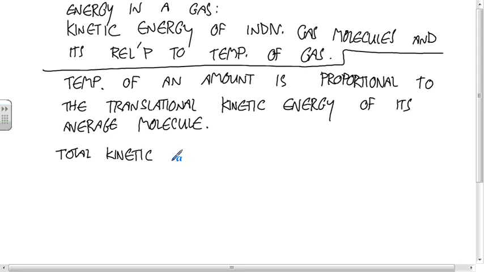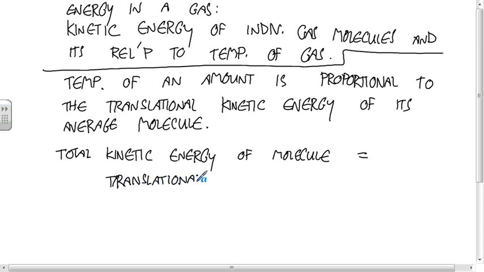The total kinetic energy of a molecule is equal to the translational kinetic energy, which is calculated as 1/2 times the mass of the molecule times the speed squared, plus the rotational kinetic energy.